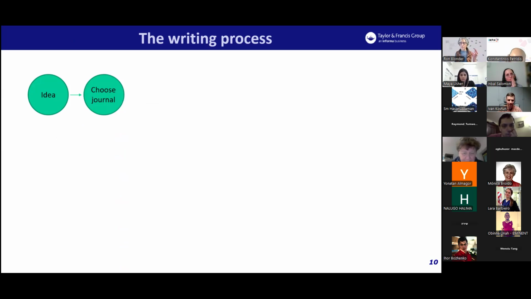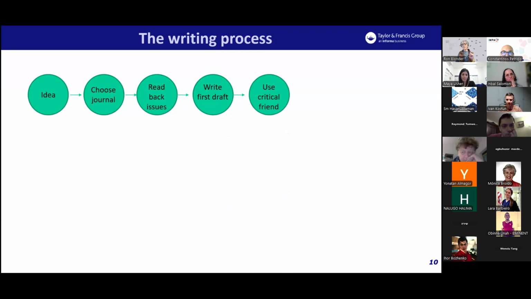You choose a journal. You read papers from this journal, and then you write first draft of your paper. You write a paper, but you are not sure it's good enough. You ask a good friend, a colleague, to read it and to give you some comments.